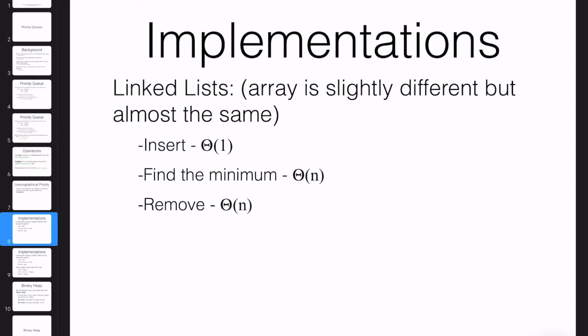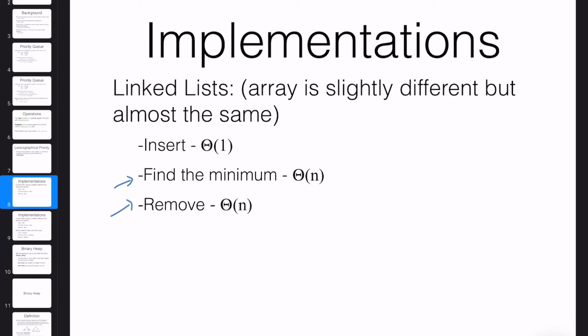If I always just add the item at the end of the linked list, then when searching for the item with the highest priority, you have to look at all the items in your list to find the one that has the highest priority and return that. You can see that the time complexity for both pick and pop is going to be linear. Finding the item with the highest priority in a regular linked list is linear because you have to actually search for it and remove it.